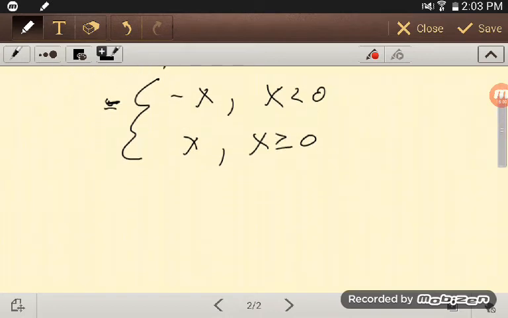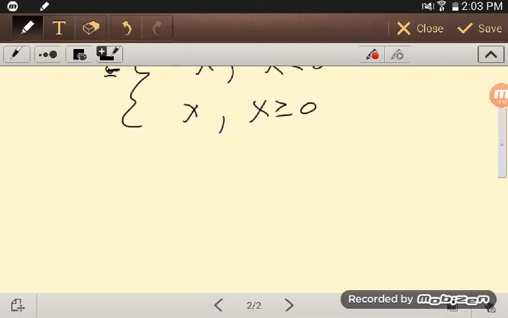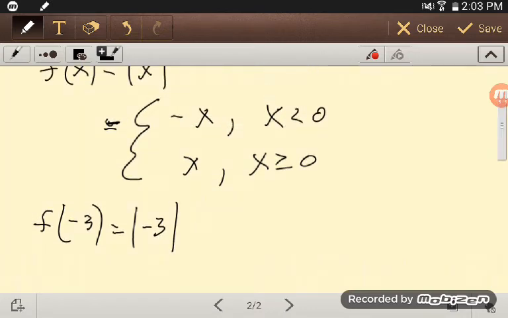And now let's look at that evaluation, right? If I take f of negative 3, which, you know, that's the absolute value of 3, and I think everybody would tell me that's the answer 3. But look at our definition here, is that I would take the negative of x, but x is negative 3, a negative and a negative make a positive, so I get 3 just like I'm supposed to.